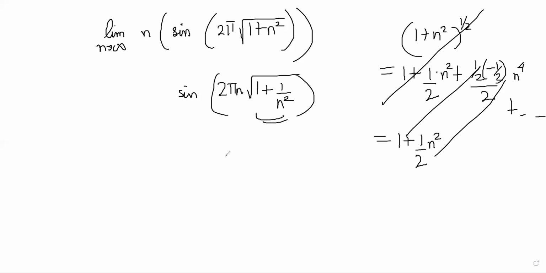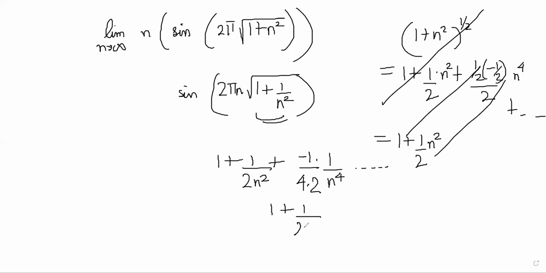So 1 plus 1 by 2n square plus half into minus half by 2, so minus 1 by 8n power 4, and so on, multiplied by 2 pi n.